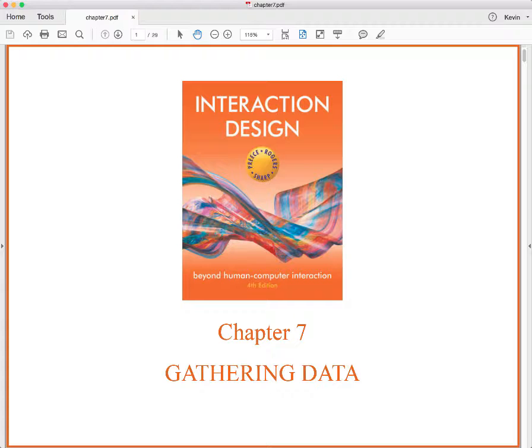Because as we see when we go to the chapter, the interaction designer, to the extent that they're going to gather data, is a social scientist. And the methods that we're going to be learning about in Chapter 7 are really the tools of social science research.